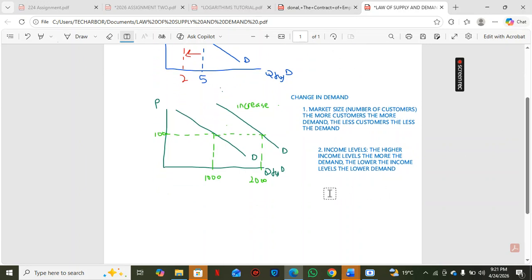Okay. Number three is price of related goods. This is where we have substitutes and complementary goods.